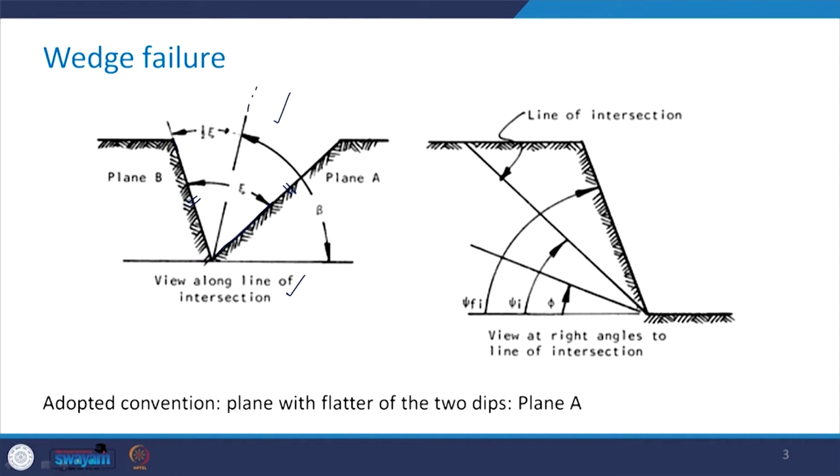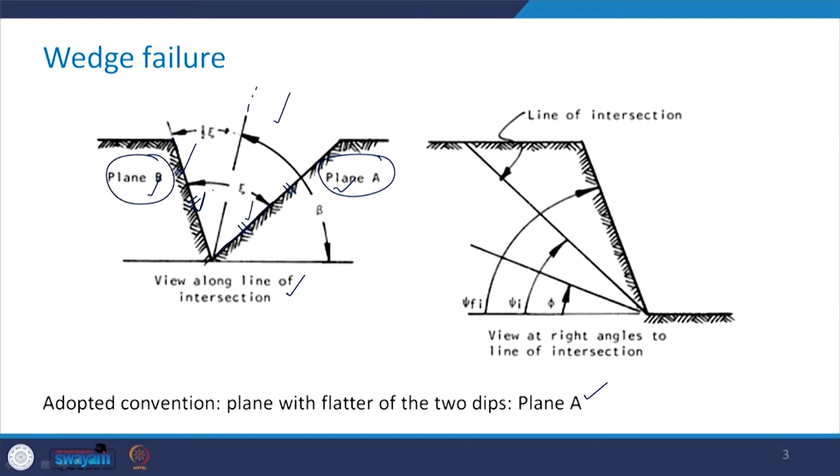The convention which has been adopted is that the plane which has the flatter dip of these two planes is given the name plane A. You can see here that this plane has a smaller dip, or is flatter than this particular plane, and therefore we are calling this plane A, and the other one will automatically become plane B.